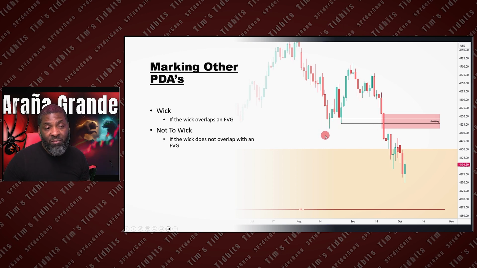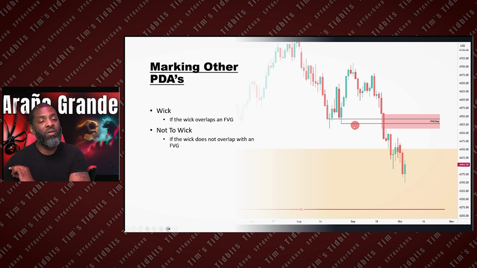And if the wick came out, like for example, on this green candle, this up close candle here, how the wick is just outside of the fair value gap. If that wick was on this breaker, then I would mark the body in that case because the wick would not be overlapping with the fair value gap.